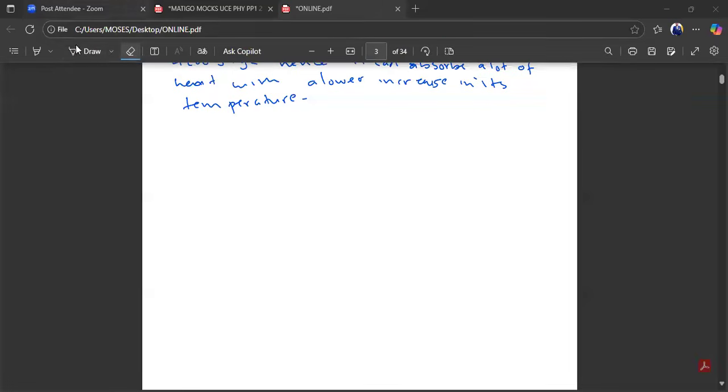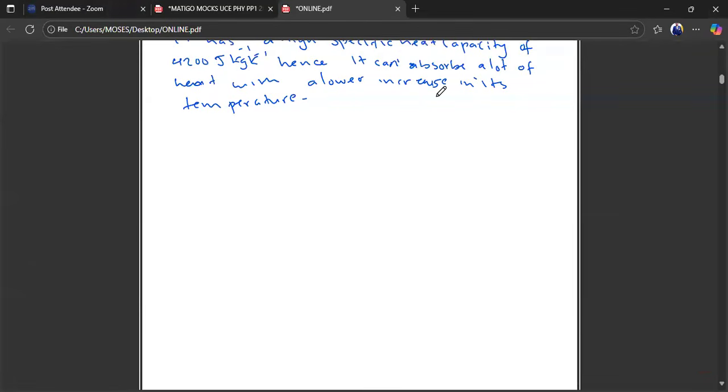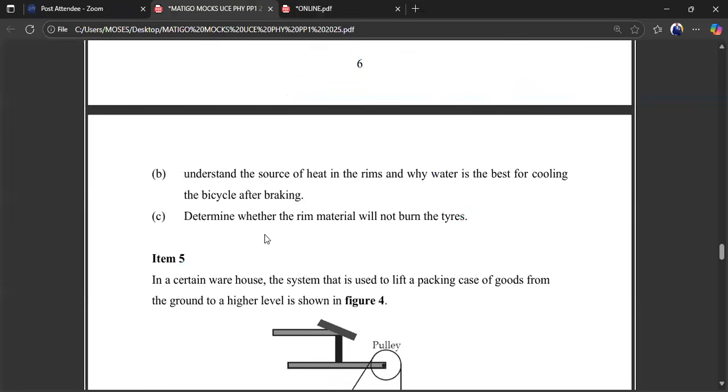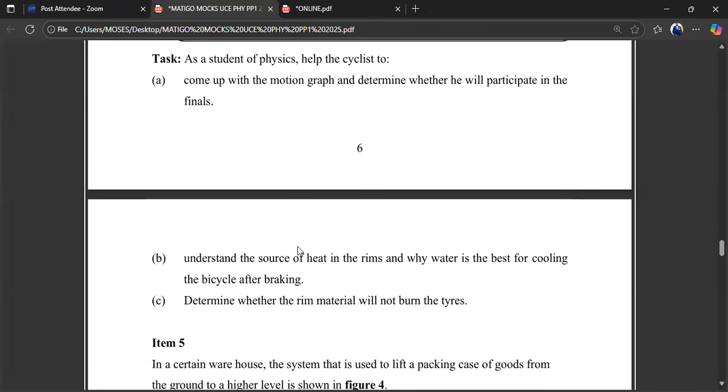Okay, let us proceed and look at part B. So part C, if you go back to our question, asks us to determine whether the rim material will not burn the tires.